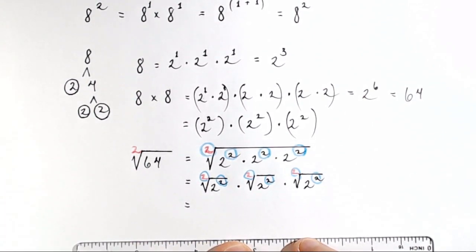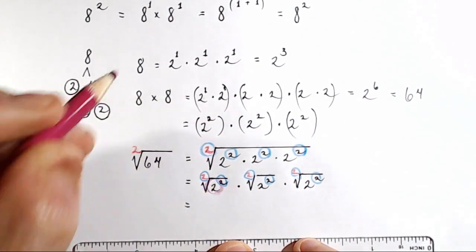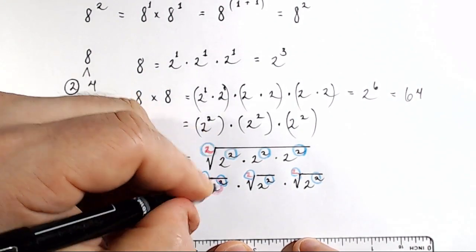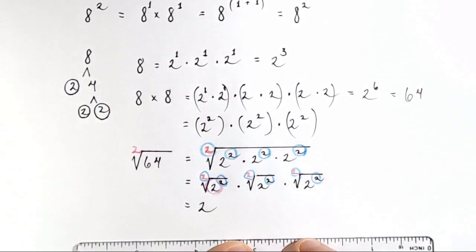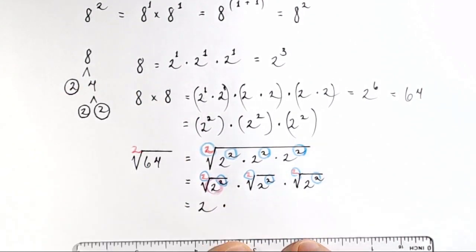So if I've got these matching, then the second root of any base squared is just that base. In this case, the square root of 2 squared is 2, times the square root of 2 squared is 2, times the square root of 2 squared is 2.